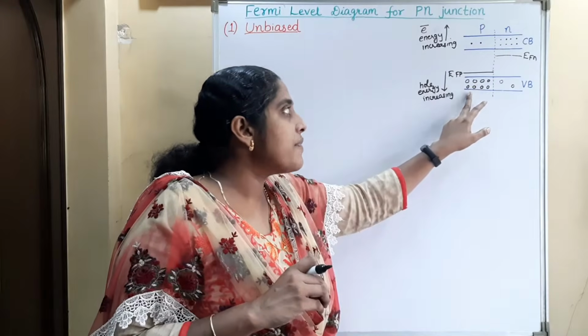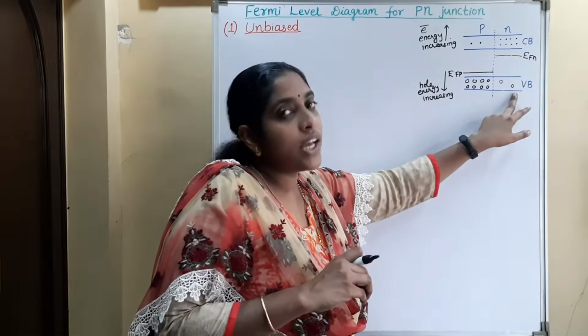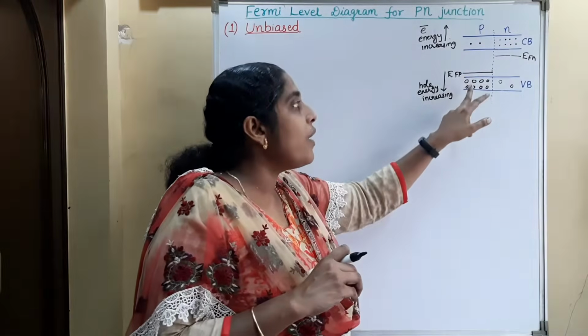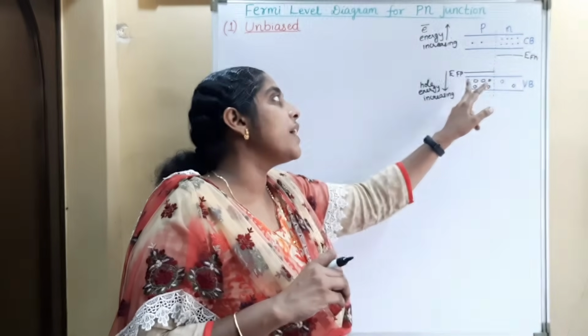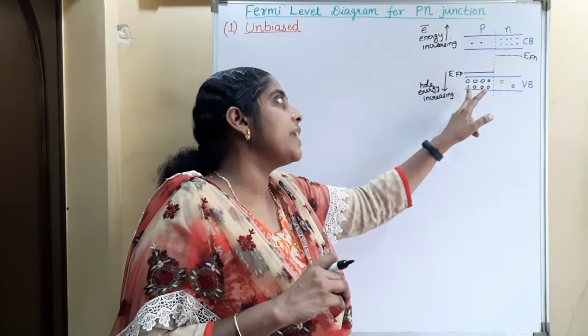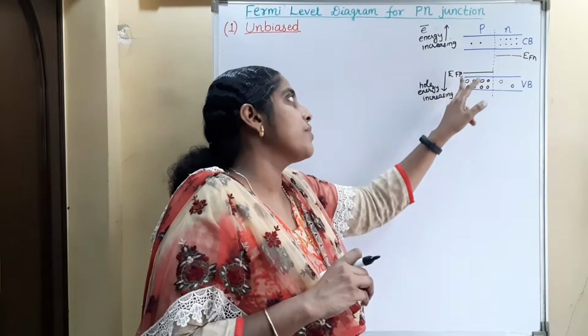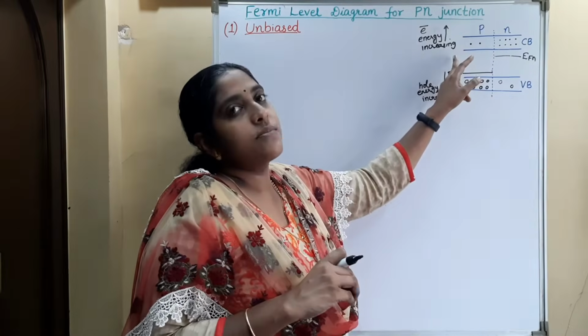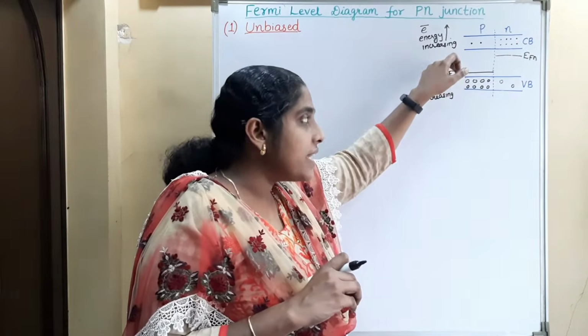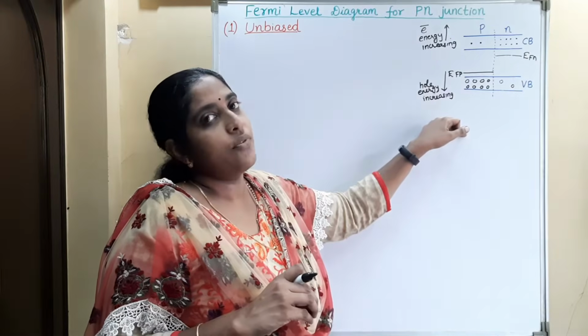Whereas the holes will move from the P region to the N region. So the hole energy in the P region will decrease. Therefore, the band structure in the P region will shift upwards, because the hole energy decreasing means the band structure is moving upwards. Hole energy increasing means the band structure is moving downwards.